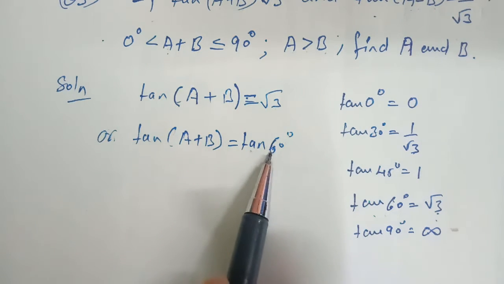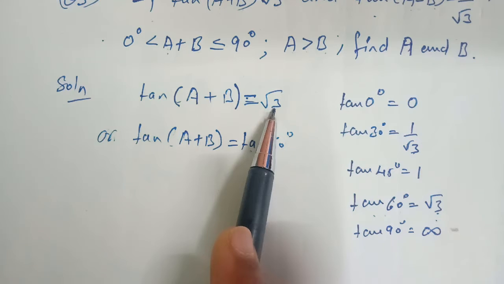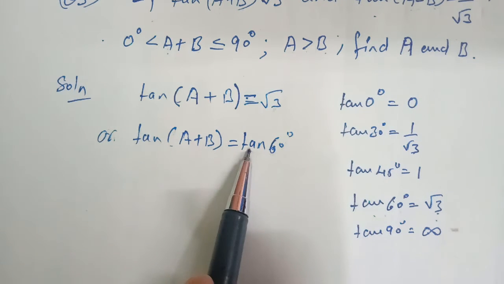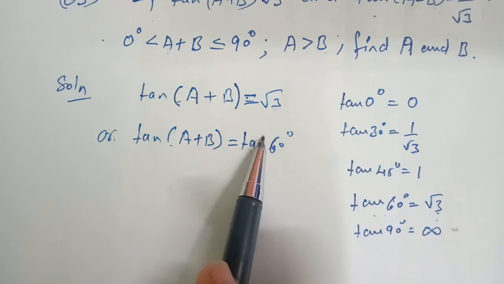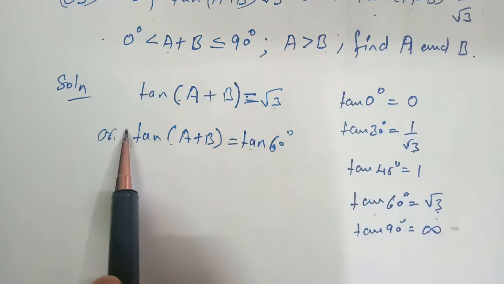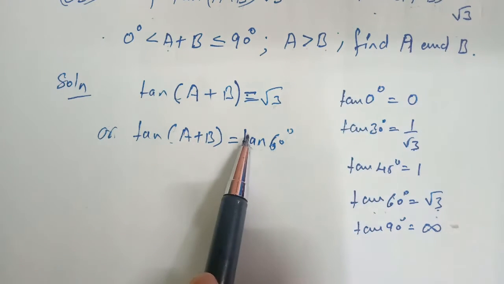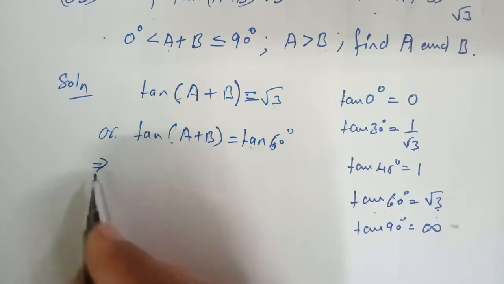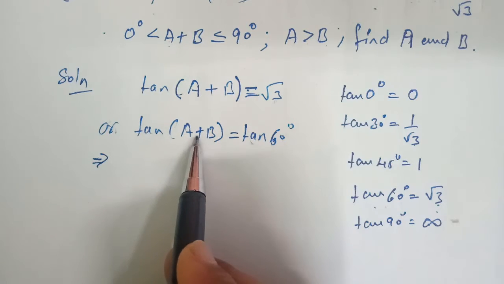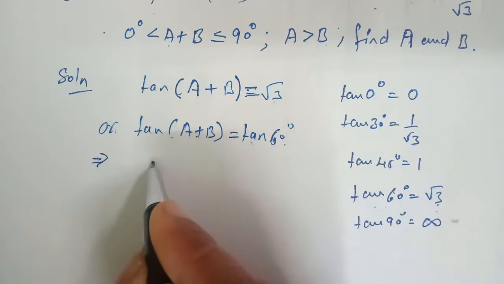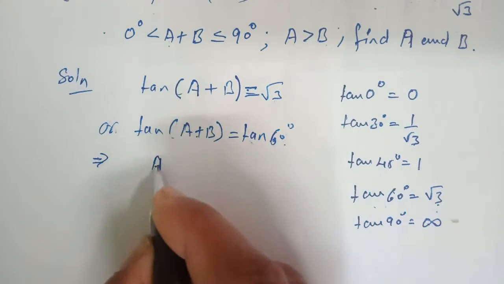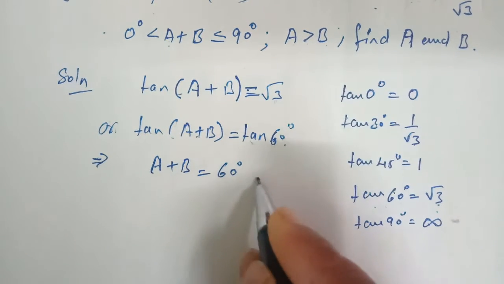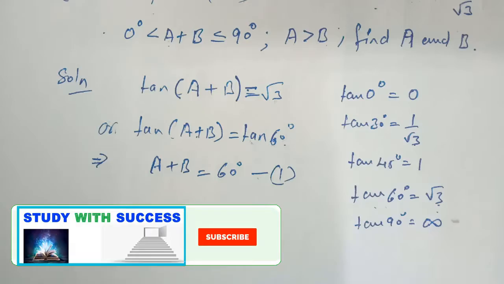Because the value of tan 60 degree is equal to root 3. Now on both sides we have tan, so tan and tan will be cancelled. We are not going to cancel them directly. If we transpose one of them, it will change into inverse and automatically cancel. So you don't have to show it by cancellation. Directly put angle equal to angle. This implies that A plus B is equal to 60 degree.